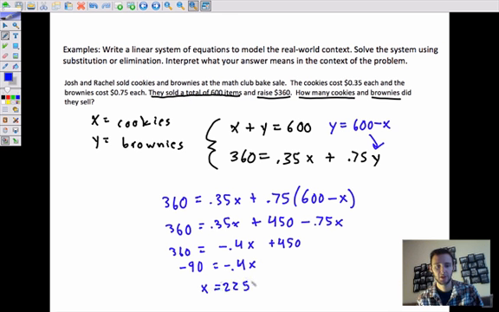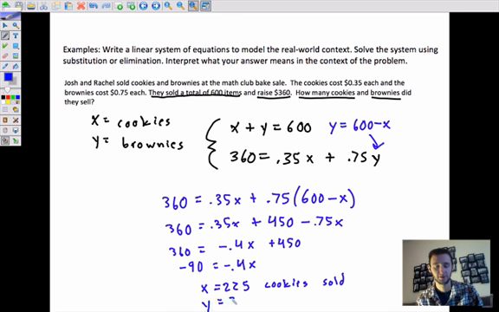225. So in terms of the problem, that means that 225 cookies were sold. We can go ahead and solve for y then. Remember, the total number of items sold was 600, so if 225 cookies were sold, that means that 375 brownies had to be sold.